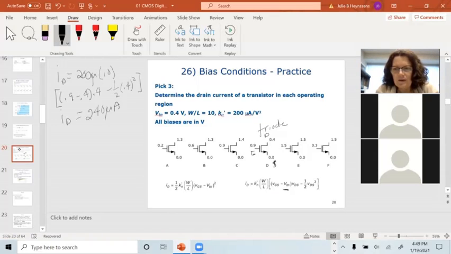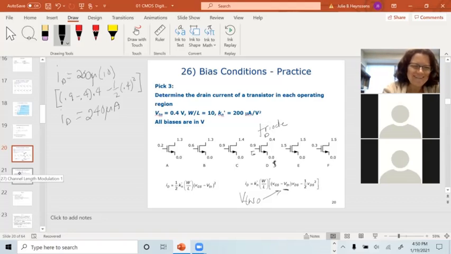VTN is like VT for an NMOS transistor, and VTP is the threshold for a PMOS transistor. If I want to confuse you further, we'll get to this maybe next week: VTN0 is a slightly different version of that. We'll talk about that later.